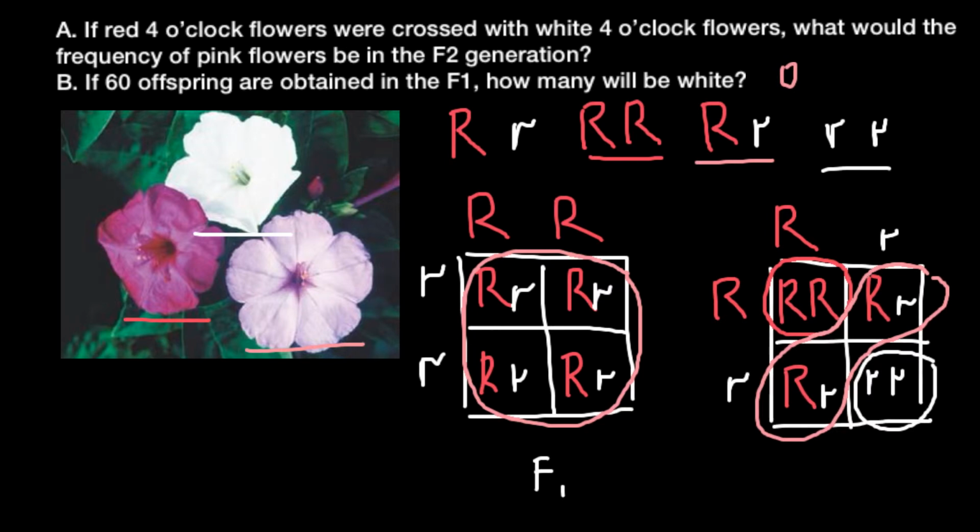And the ratio would be 1 plant with red flowers to 2 plants with pink flowers to 1 with white flowers. So as you see, 50% of the F2 generation would be plants with pink flowers. So our answer for question A would be 50%.